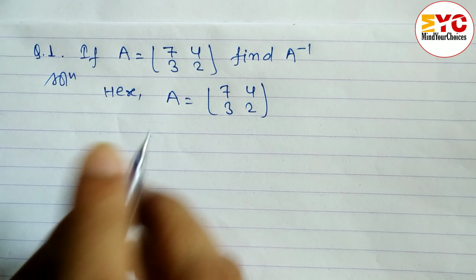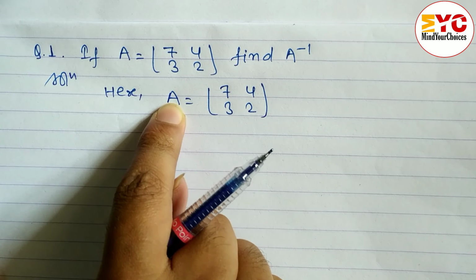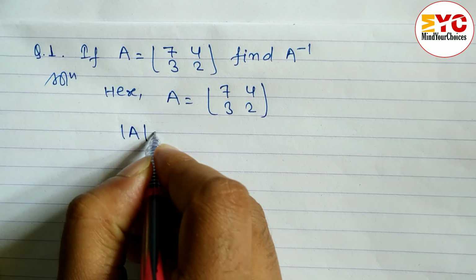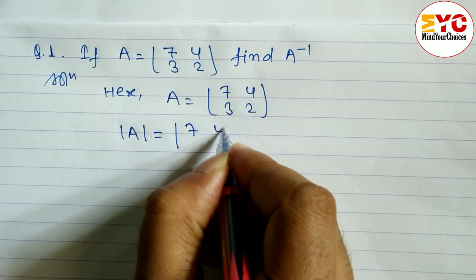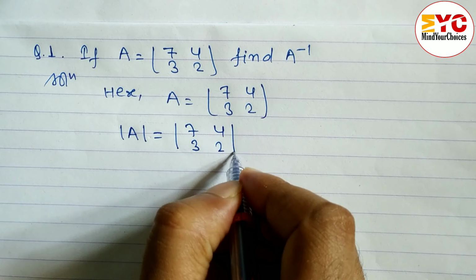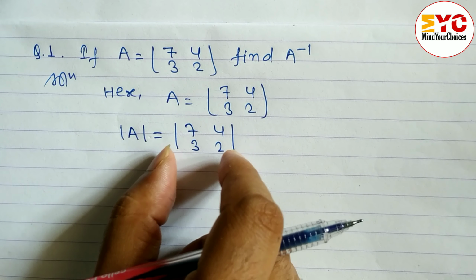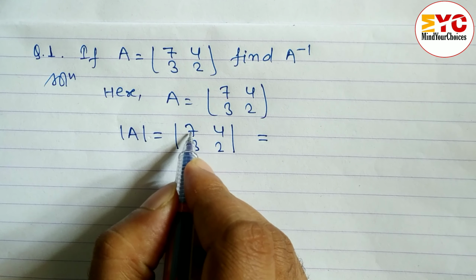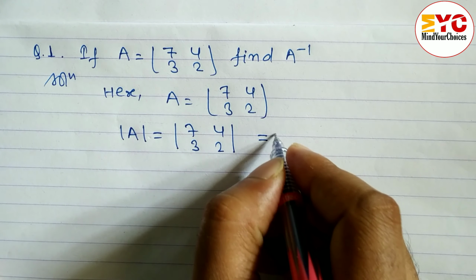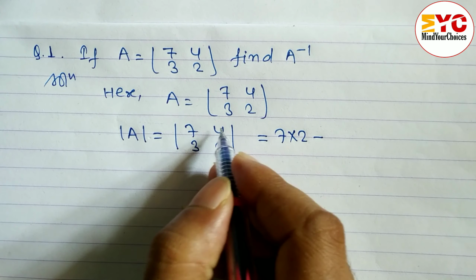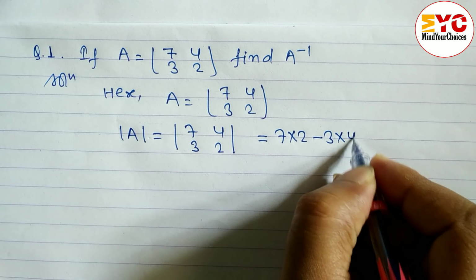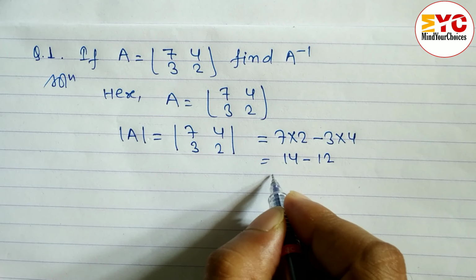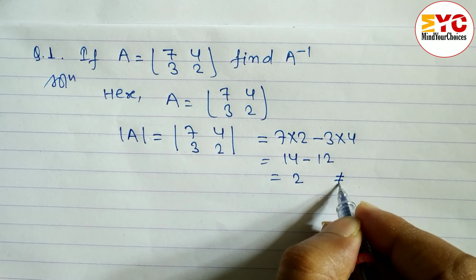First of all we have to check whether this matrix A is singular or non-singular. For that we have to find out determinant A. To find determinant A we write it inside vertical lines. These two vertical lines show that we are finding the determinant of matrix A. Now we multiply the main diagonal, 7 into 2, minus the non-diagonal, 3 into 4. 7 into 2 is 14, minus 4 into 3 is 12, which is equal to 2, which is not equal to 0.